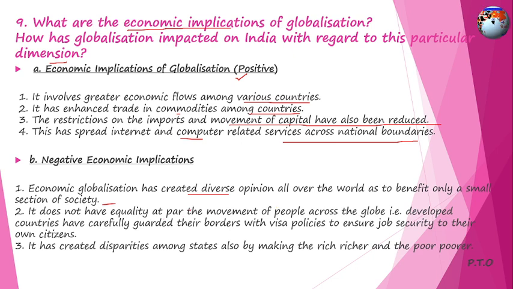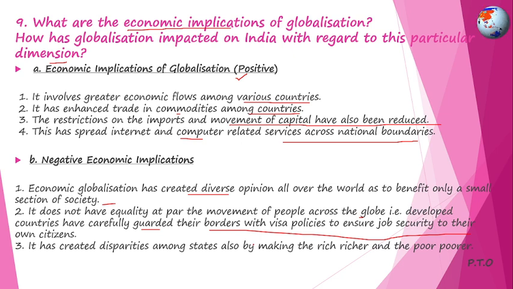Next, it does not have equality in the movement of people across the globe. For example, developed countries have carefully guarded their boundaries with visa policies to ensure job security for their own citizens. So there is no equality. Some countries give more priority to their own citizens first, and thereafter to citizens coming from other countries or regions.